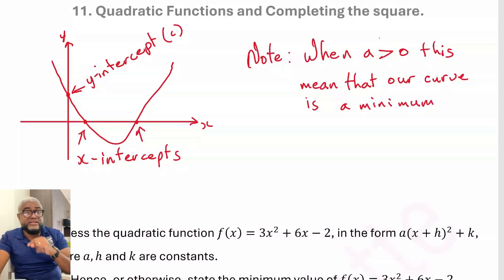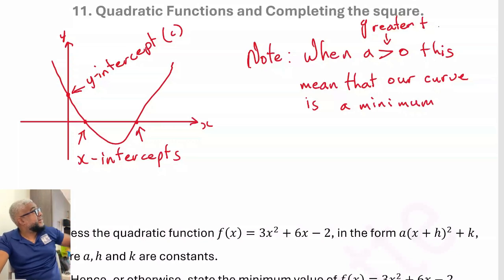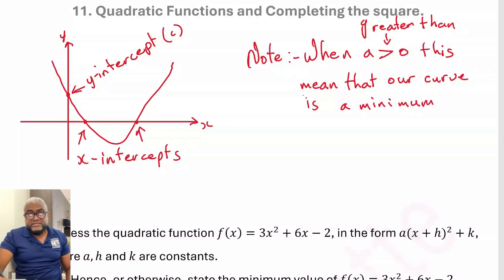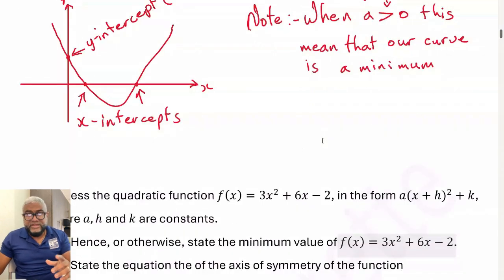This symbol means greater than. Everybody knows that? This symbol, if it's going this way, is greater than. If it's going the next way, if it's shaped like an L, it's less than. So that's the minimum curve there.